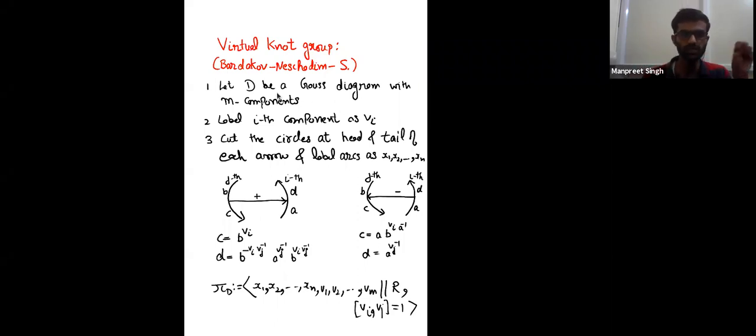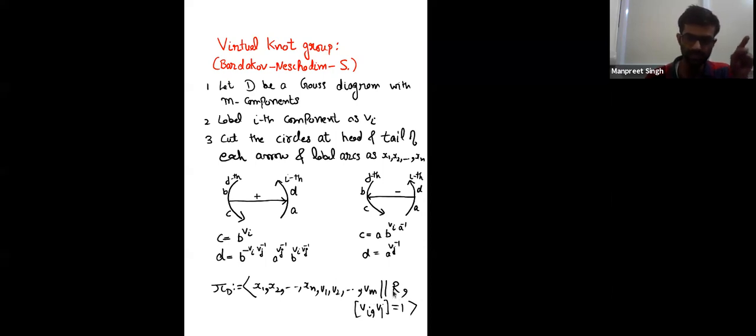Suppose we have a gauss diagram D with some m circles. We label each circle as V1, V2, up to Vm, and we cut the circles at each endpoint of the arrows, and we label the arcs in the gauss diagram as x1, x2, up to xn. We define a group pi D through a presentation where x1, x2, up to xn are the labels of the arcs in the gauss diagram, and v1, v2, up to vm correspond to the circles in the gauss diagram.